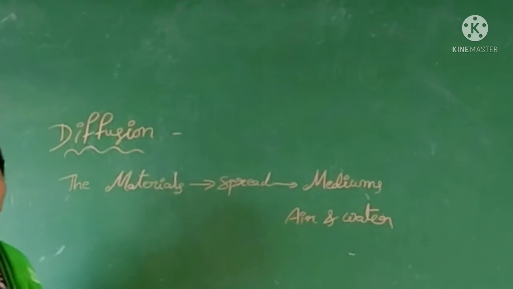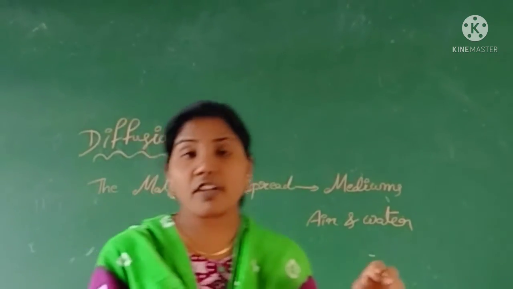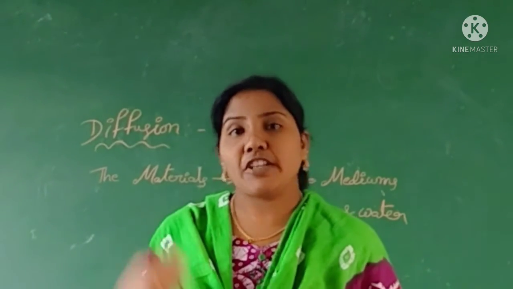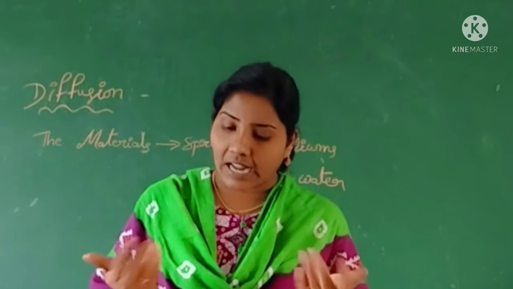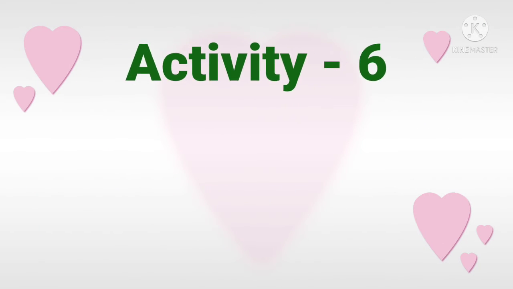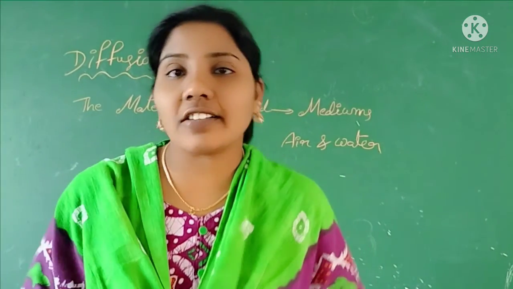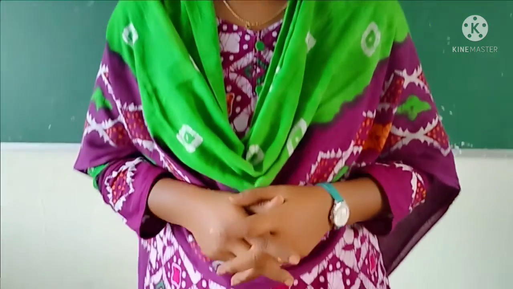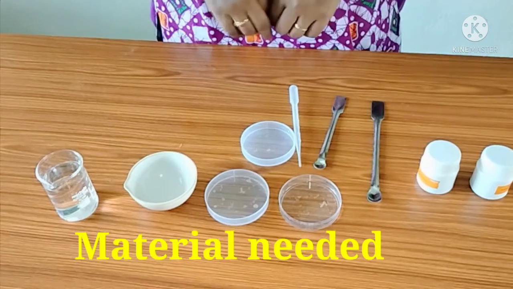In our surroundings we can observe this phenomenon. I am going to explain the diffusion process with the help of an activity. Children, come and follow the activity. I am going to do an example for diffusion.